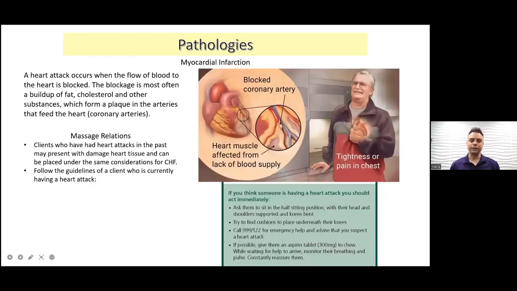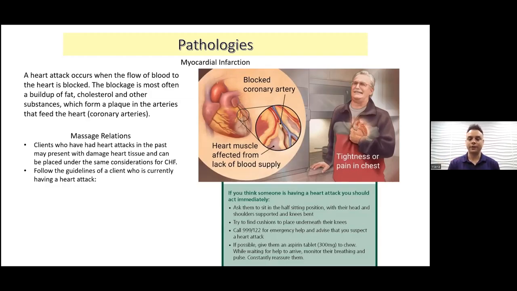So there's the big salami there, the big whammy, the big shebang, the myocardial infarction, which is the complete old heart attack, right? That is the technical name for heart attack, where the blockage to the coronary arteries occurs.